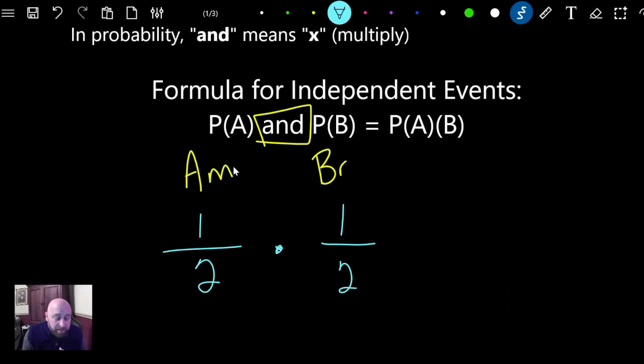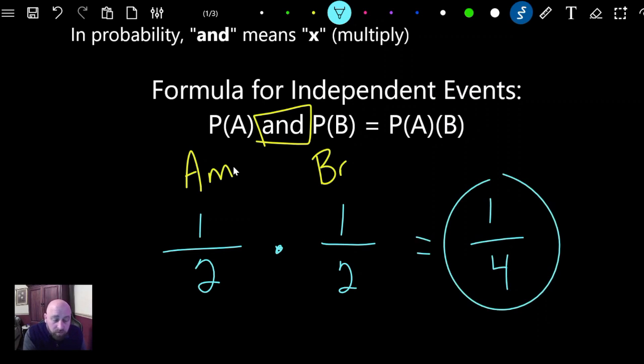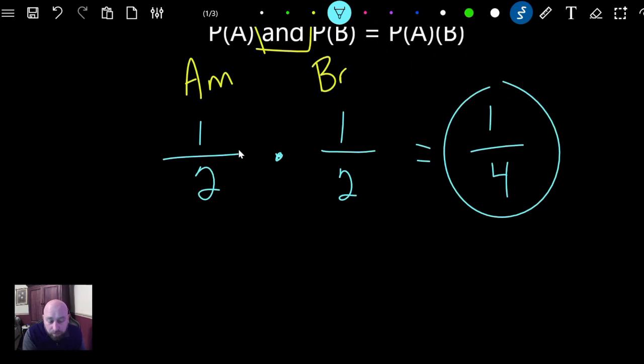The top is the desired outcome, and the denominator is the total outcomes. So you just multiply this. 1 times 1 equals 1, and 2 times 2 equals 4. So the probability of this happening is 1 out of 4. You could write that as 0.25, or 25%.